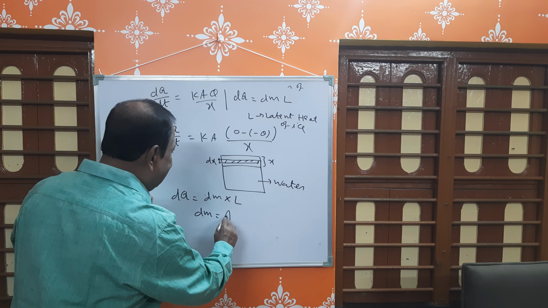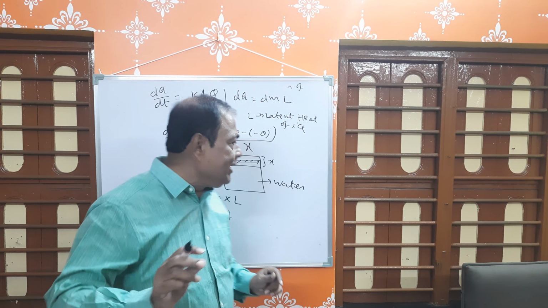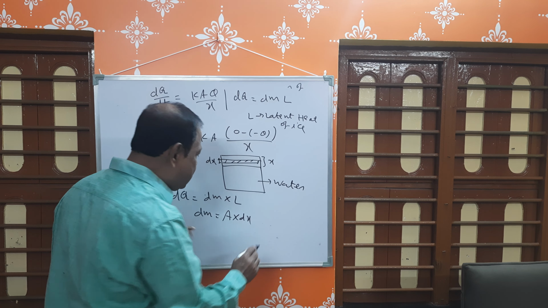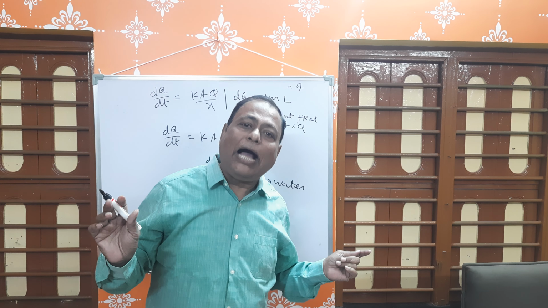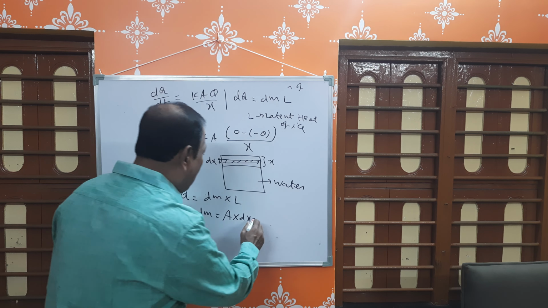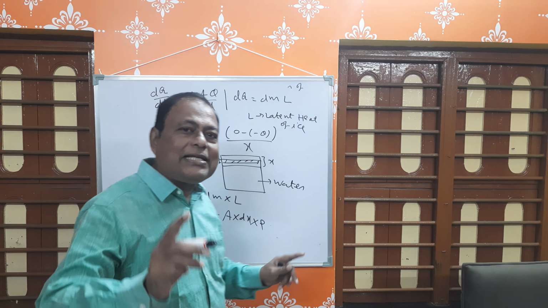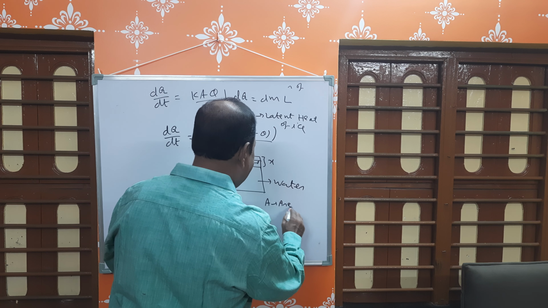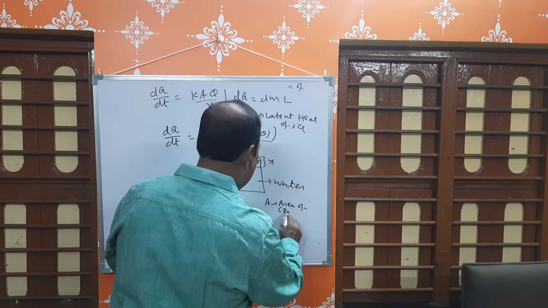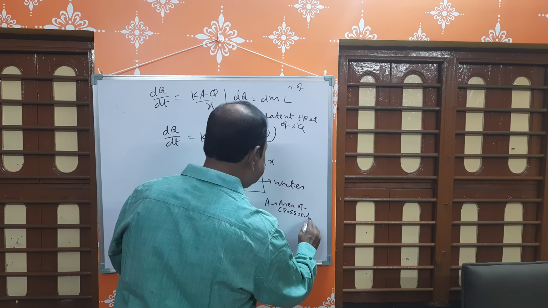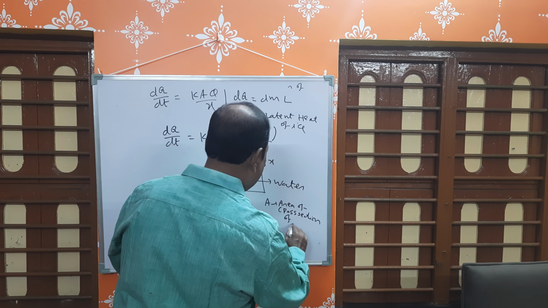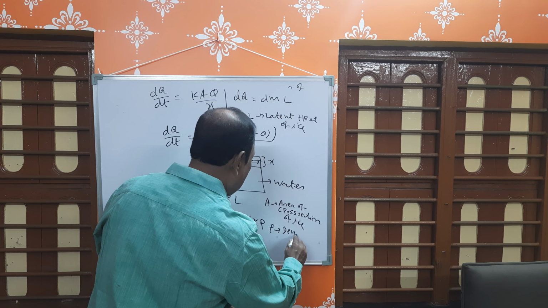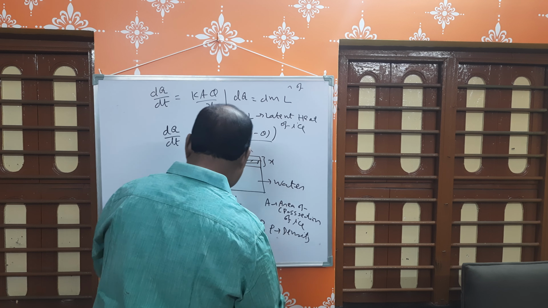Mass means, the area of cross section of the ice is A, the thickness of the ice is dx, so A into dx is the volume of the ice formed. Volume into rho, where rho is the density of ice. A is the area of cross section of ice, and rho is the density.